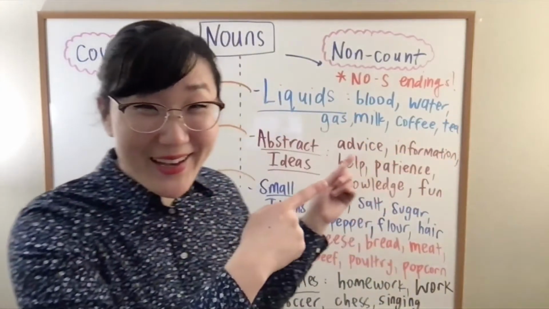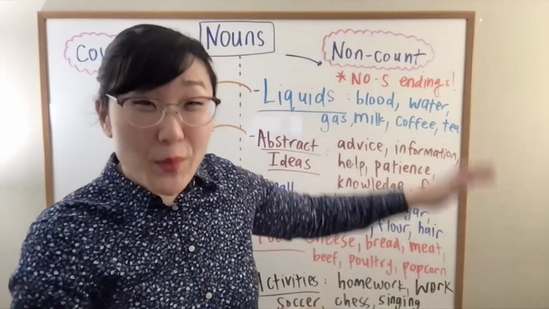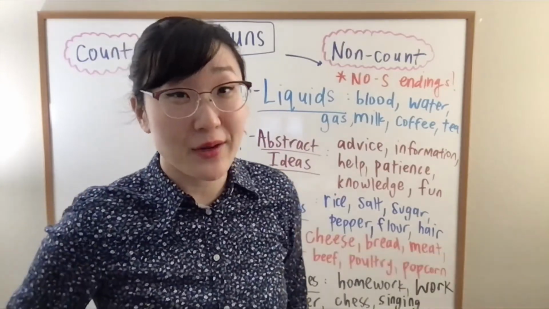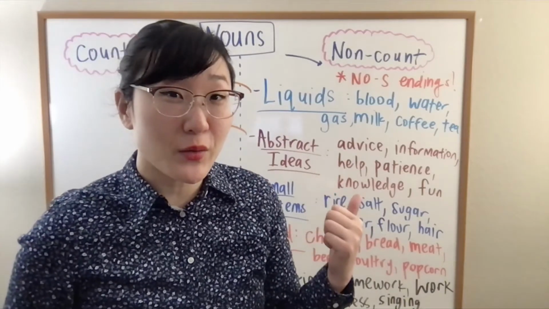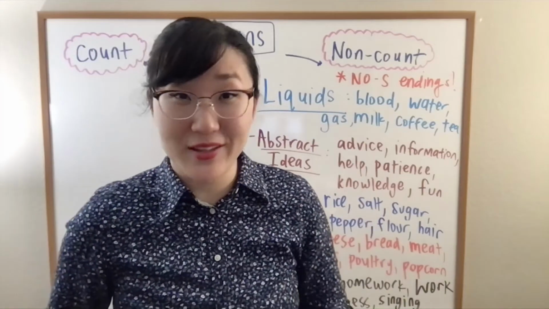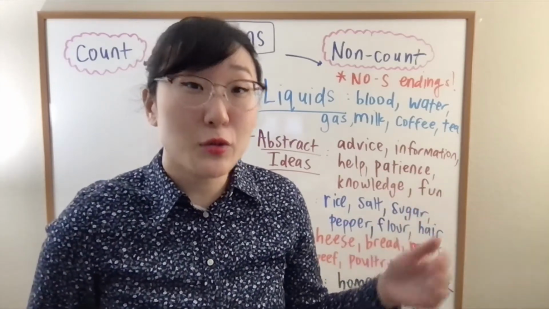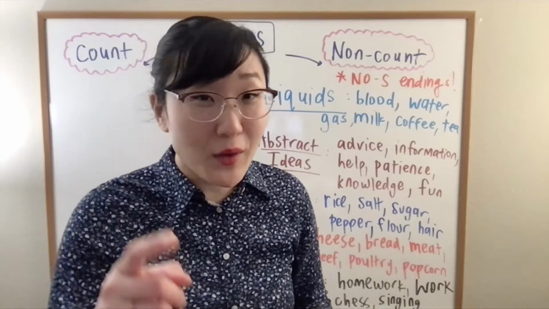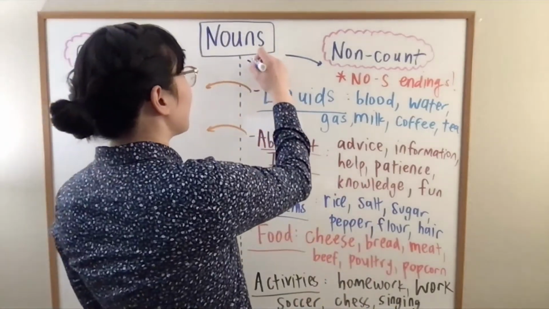On this side, it's tricky. There's a whole group, a category of non-count nouns. There's a lot on my board here that we will review, but this isn't everything. But I think these are some important non-count nouns that you should know. One other one I just remembered because of my ring is jewelry.